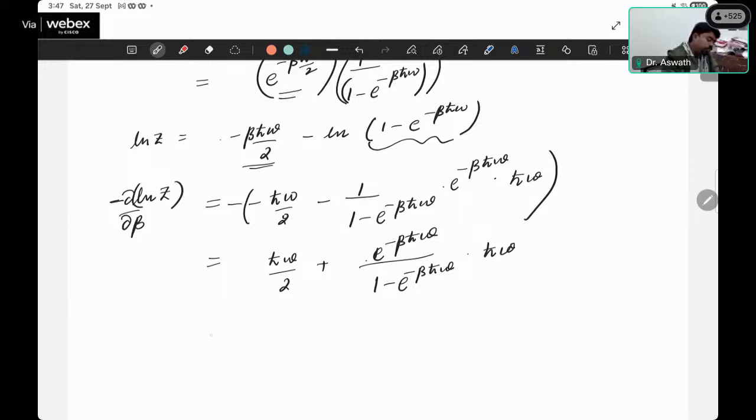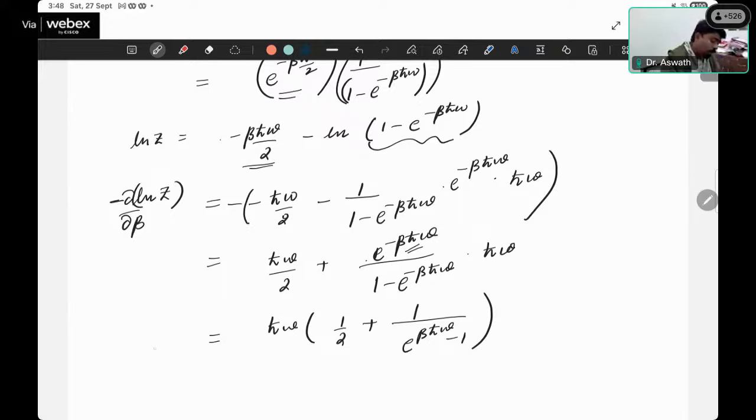The minus signs go inside and become plus. You can take h omega common if you want. So h omega times half plus, and in the numerator I have something which I can send to the denominator: it becomes exponential beta h omega minus 1. You see how simple it has become.